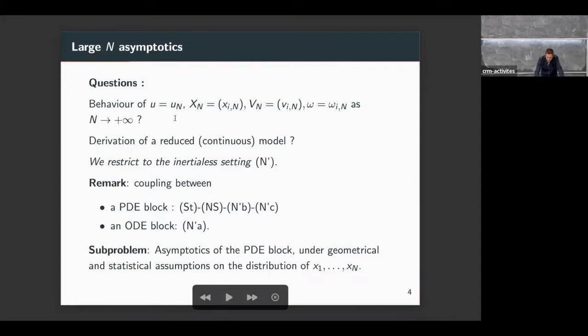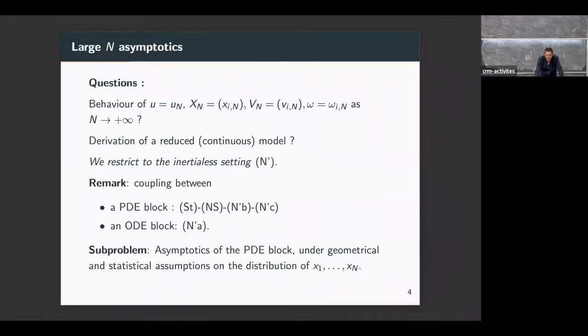And as many times in this conference, we would like to see a reduced PDE model appearing somewhere. Okay. And for the talk, not only for the talk, actually, we will restrict to the inertialess setting, where we are able to say a bit more things.